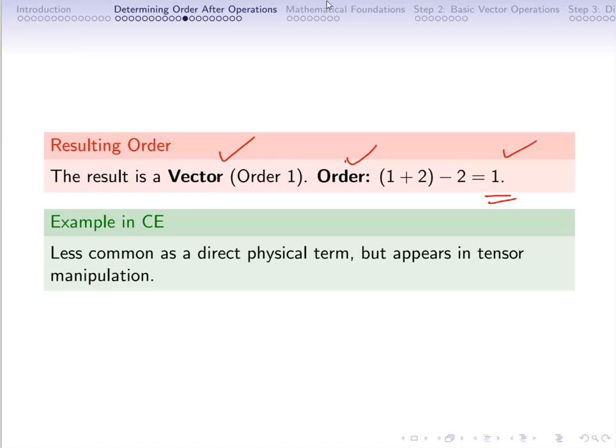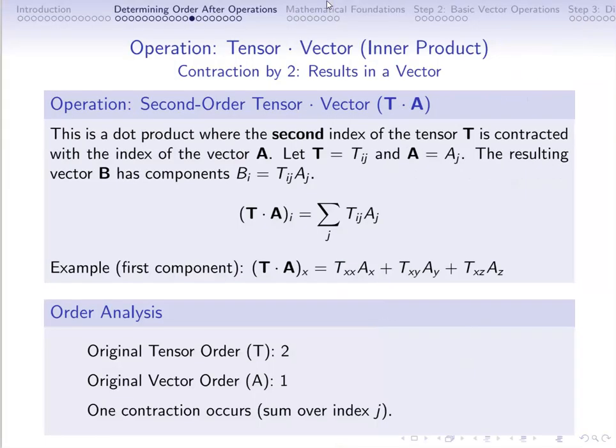So less common as a direct physical term, but appears in tensor multiplication or manipulation. Now here tensor dot vector inner product. So here if we do T dot a, the original tensor order is 2 and the original vector order is 1. So contraction occurs, sum over index j.